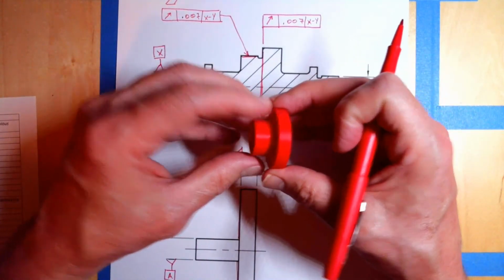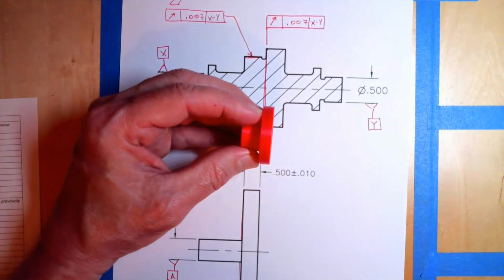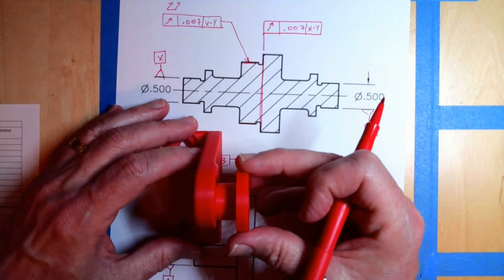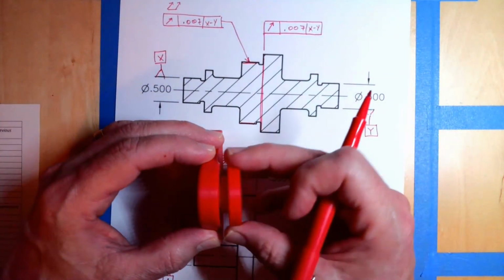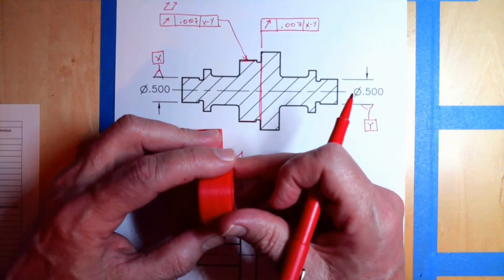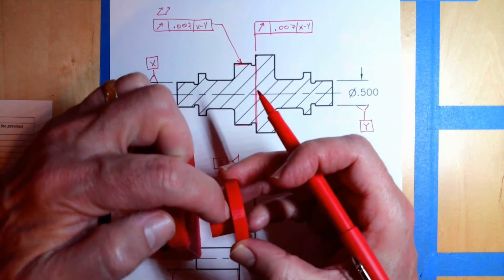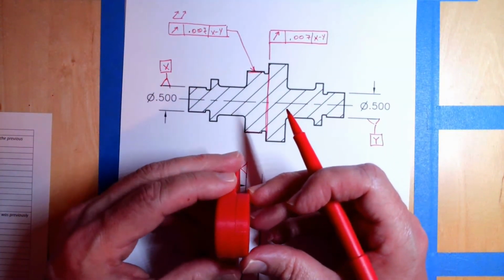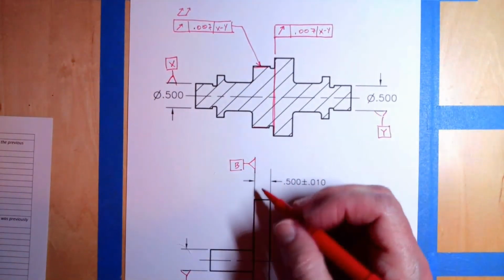But if in the actual machine, it's being held up against something, like this part right here, right? It's not free to move this way. So we want to add the second datum, right? That is on this face right there. And that represents where the part lives, right? So we've represented that here.